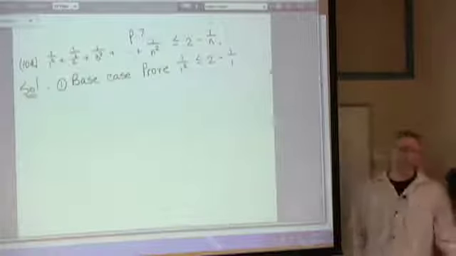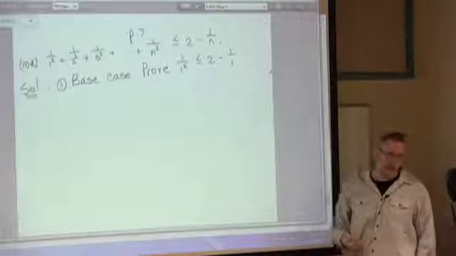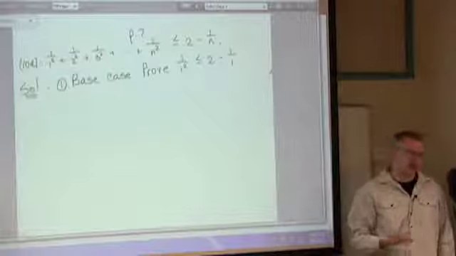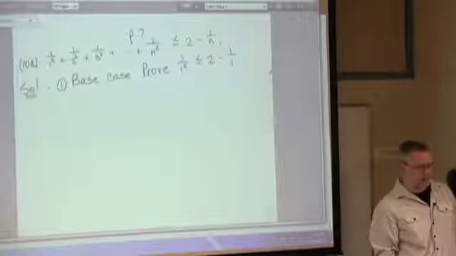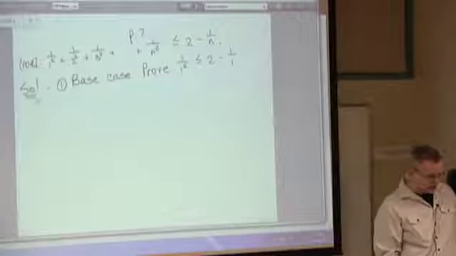That's the base case. N is 1, so there's only one term on the left-hand side, and so it just reduces to this. And then what is this? This is just 1 is less than or equal to 1, which is true. Okay? So this first part really is obvious.